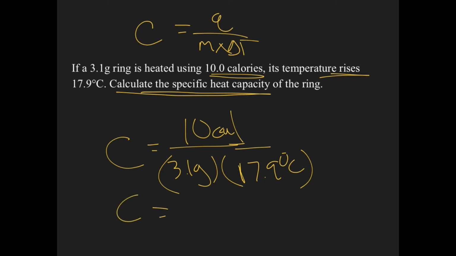When you do that math out, you end up with a specific heat of 0.018 calories per gram per degree Celsius. It's in calories, so our answer has to be in calories.